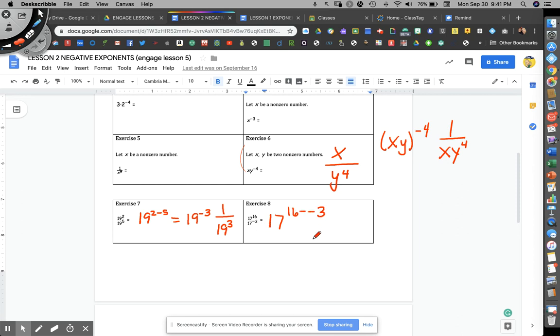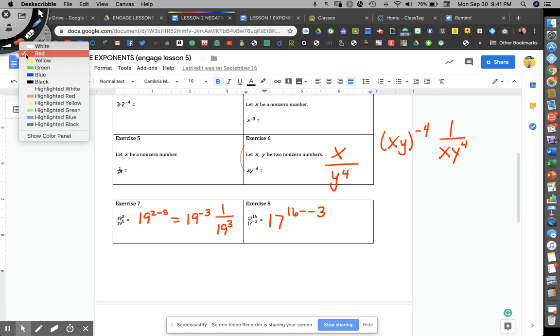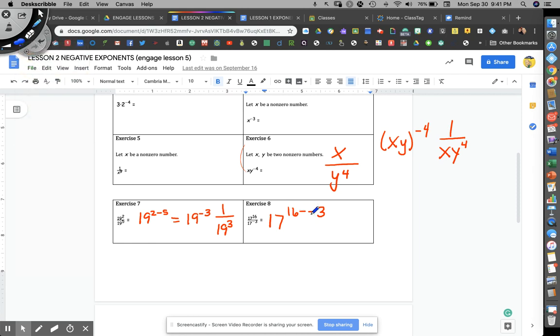It's subtracted negative 3. And if you remember, a negative and a negative becomes a positive. So that actually is now 17 base and then 16 plus 3. Final answer would be 17 to the 19th power. And then you're done.